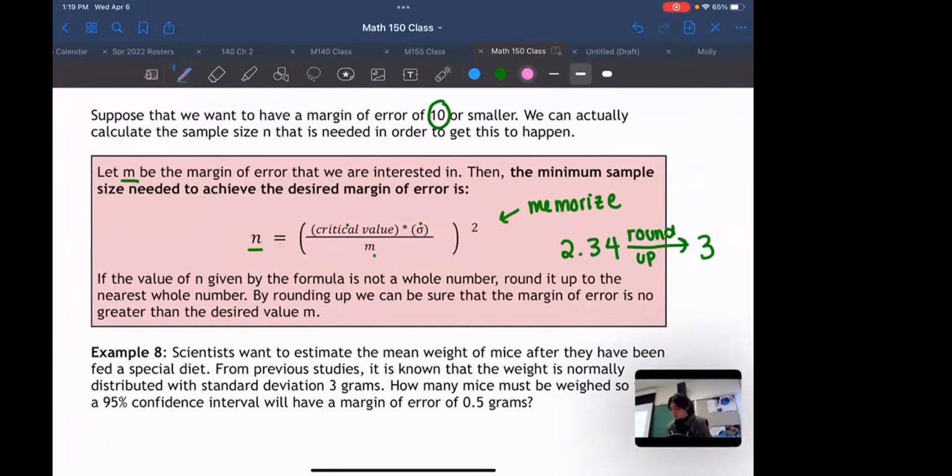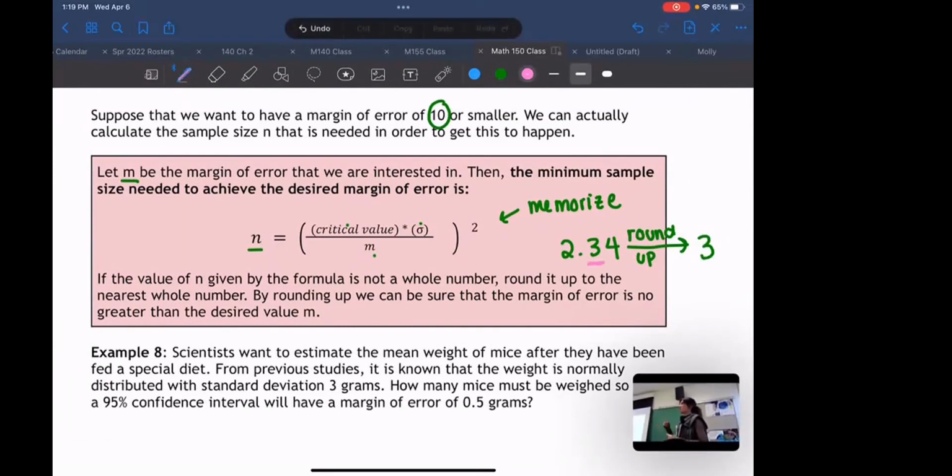Even though 2.34 would normally round down, we would still round this number up because we're trying to find the minimum sample size needed. So even though we only technically need 2.34 dogs, we would still round it up to 3 dogs. Any questions before we do an example?